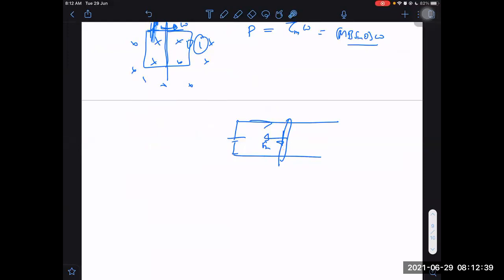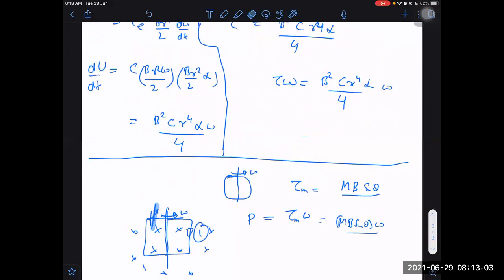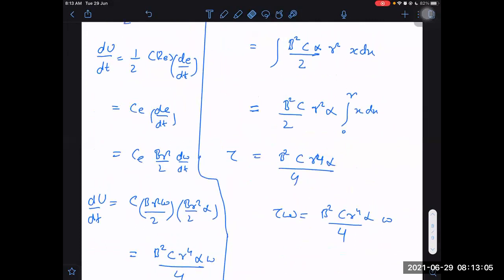Rather than wasting time finding that other thing, we already know that whatever it is doing, that work is also finally equal to Fm into S. So we don't waste time finding the real source, we simply take it due to this magnetic force only, and we get the right answers, obviously. So fine. I hope you have understood so far.